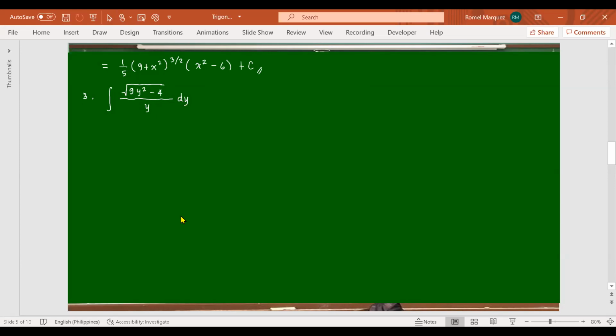Here our u squared is 9y squared, so we let u be 3y. Since this takes the form of u squared minus a squared, let's try a substitution, with a equal to 2 because a squared is 4.